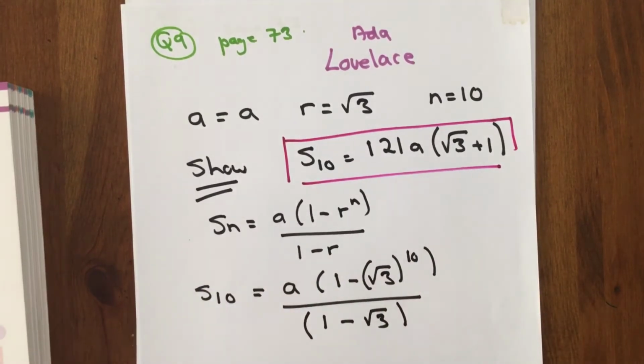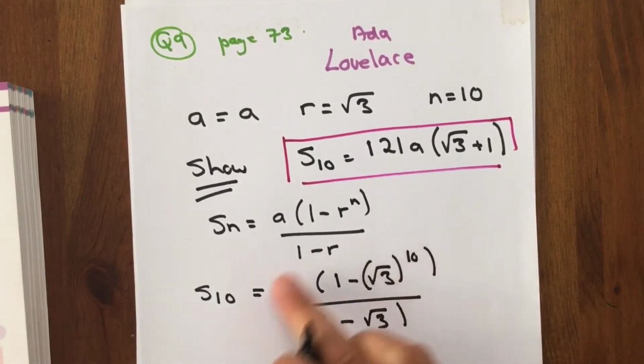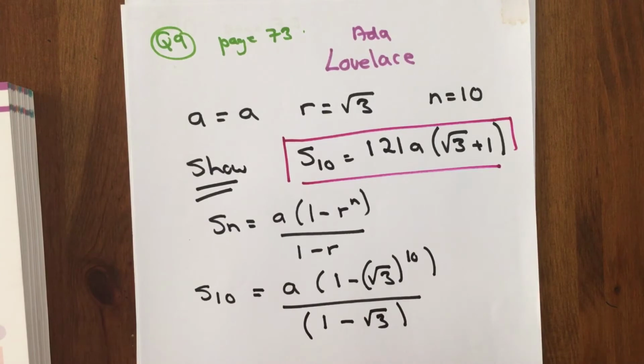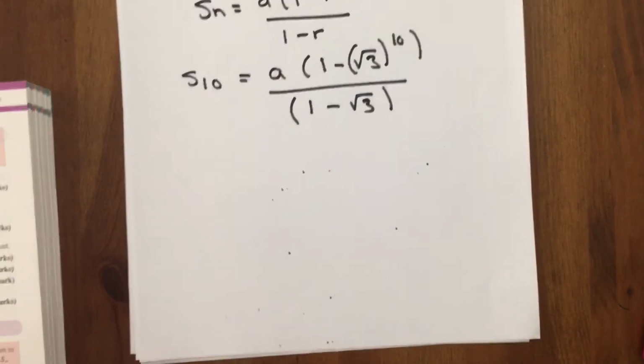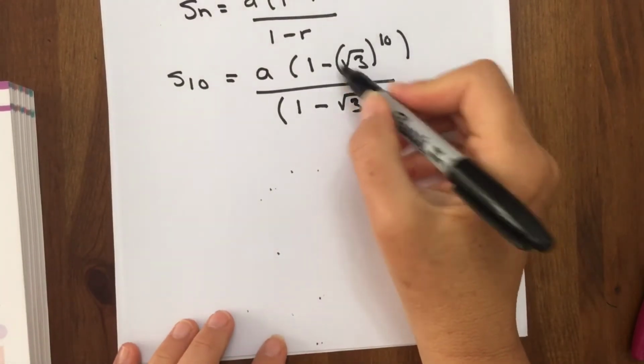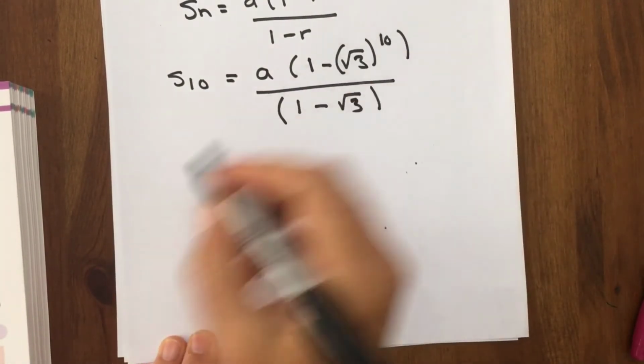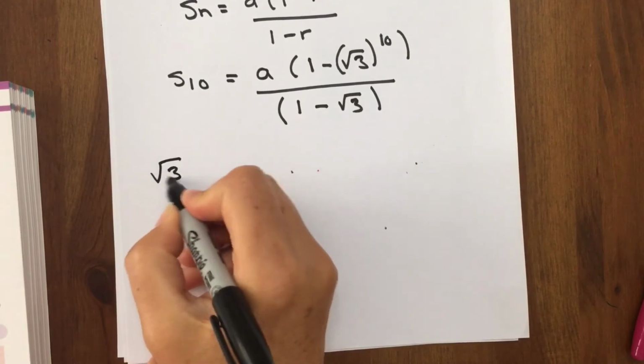So what can I do to simplify what I've got here? Well, I think I'm going to work out what root 3 to the power of 10 is. Let's just see what that is on my calculator.